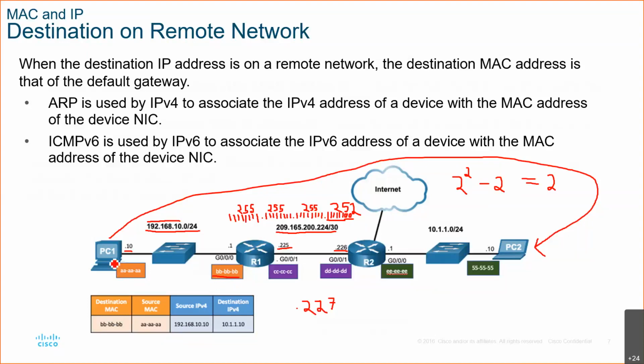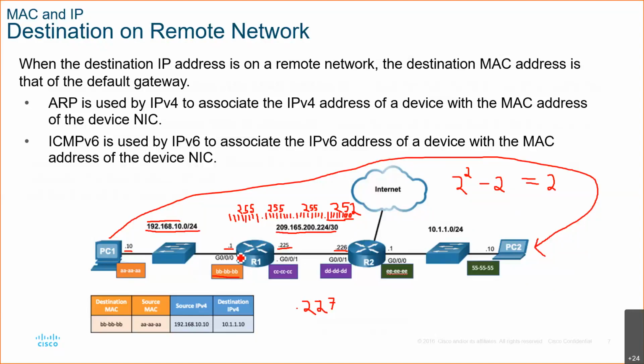So if this PC is going to send it to somewhere outside the network, it will look for the only device that is outside over here, which would be the gateway. Which is not actually outside. This gateway is part of this network. You see, an IP address is given to it. Usually, .1 is always given. Usually, it's just an example. It's not a must. We can change that.